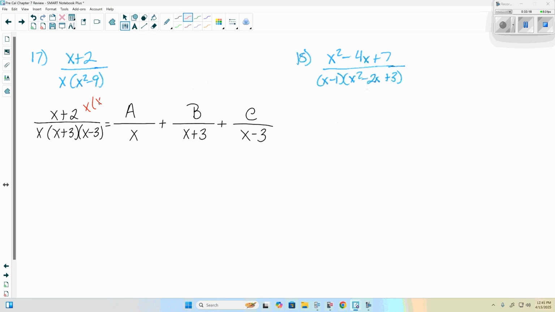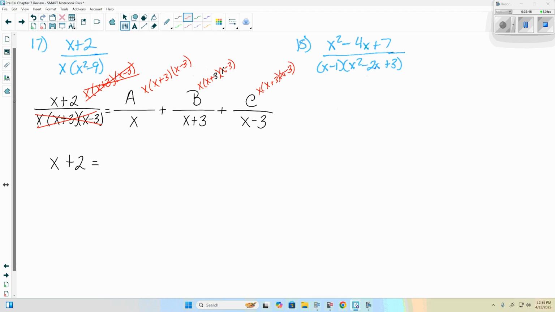And again, just like the last one, we're going to multiply through by the bottom of the fraction on the left. And on the left-hand side, everything's going to cancel, leaving us with x plus 2 is equal to.